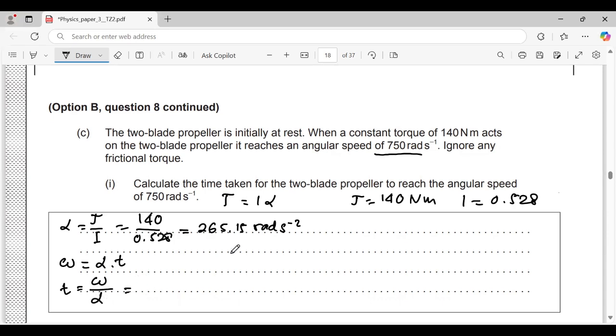Substitute the information: 750 over 265.15.